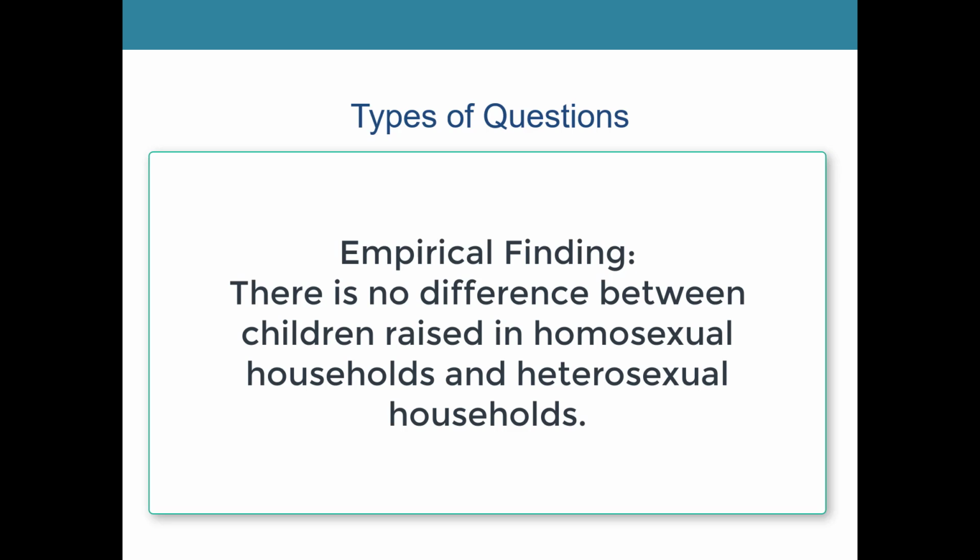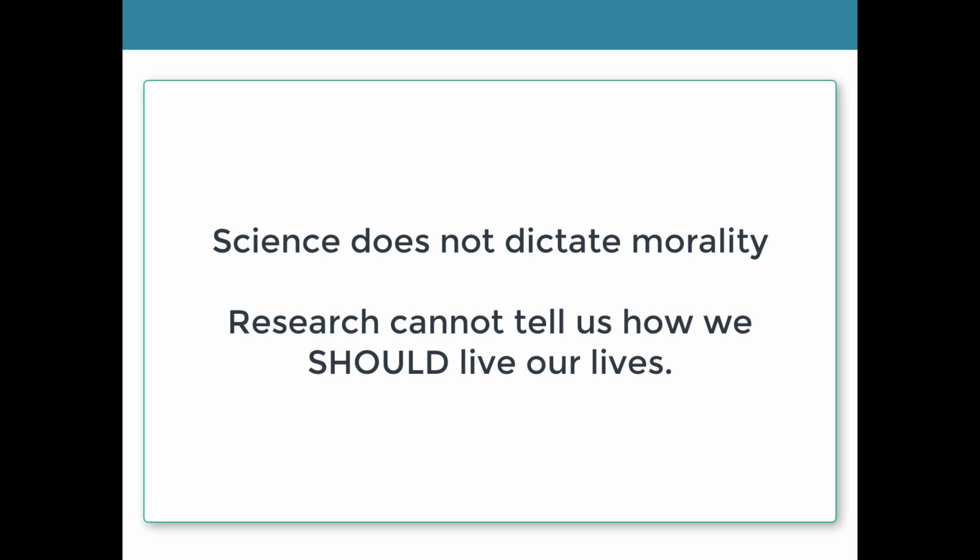That's a scientific claim saying there's no difference between these two groups empirically. There's no apparent differences in terms of mental health, happiness, or safety. There's no difference between those two families. But that's different than should homosexuals be able to adopt children. Scientists are not going to answer that question.